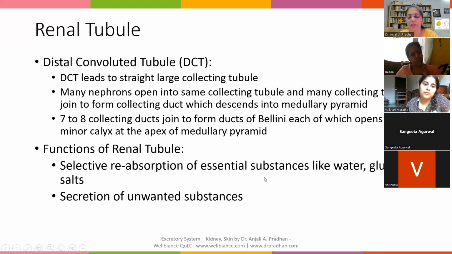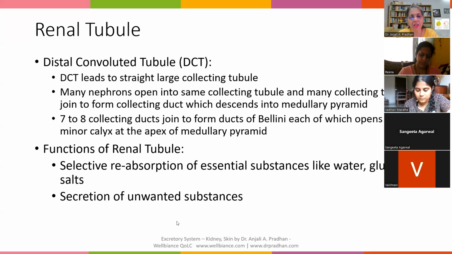So function of the renal tubule is reabsorption and secretion. See, these two words are very important here. What do you mean by reabsorption? Okay. Reabsorption means absorption of the substances or salts or water from tubule into circulation, that is into capillary.